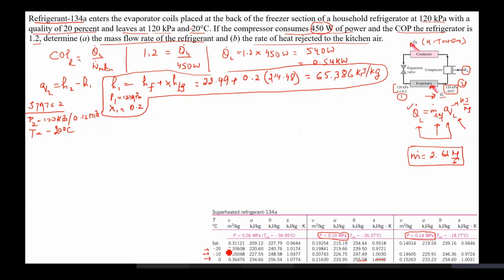So how you will do that is, for minus 10 degrees centigrade, you will have the value for 0.10 megapascal. 0.12 you have to find, 0.14 you'll take from the table. For 0.10 megapascal, the value is 247.49. 0.12 megapascal you have to find out. For 0.14 megapascal, it is 246.36.